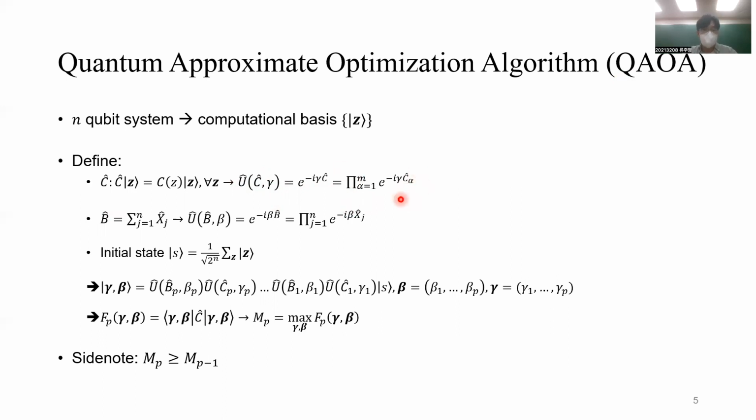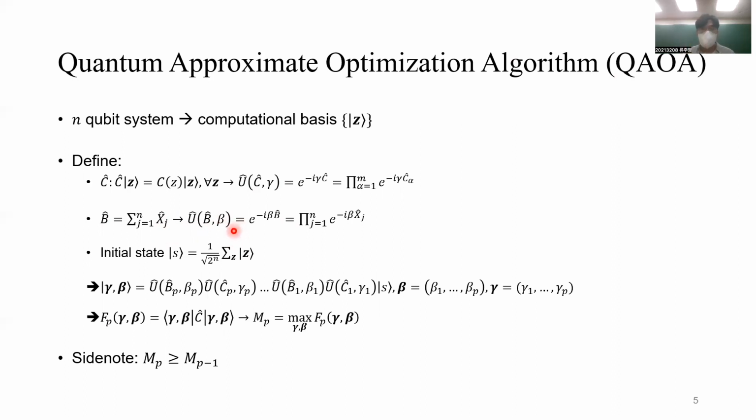Then we also need to define this B Hamiltonian, which is simply the summation of the Pauli X's. We can also define the rotation caused by this Hamiltonian as follows. Here we generally use the angle beta, and we will keep this convention later on, so please take note.